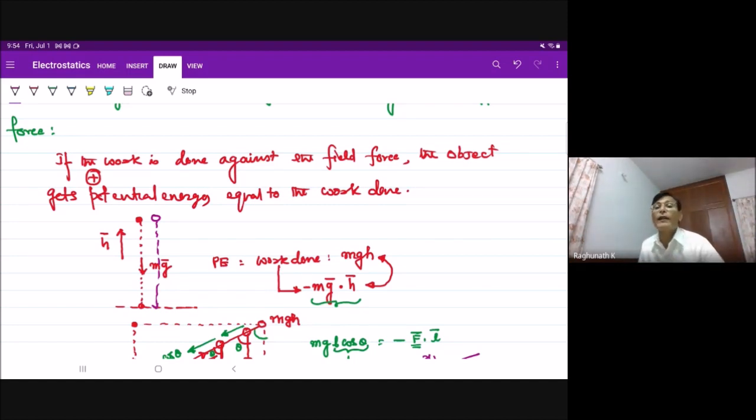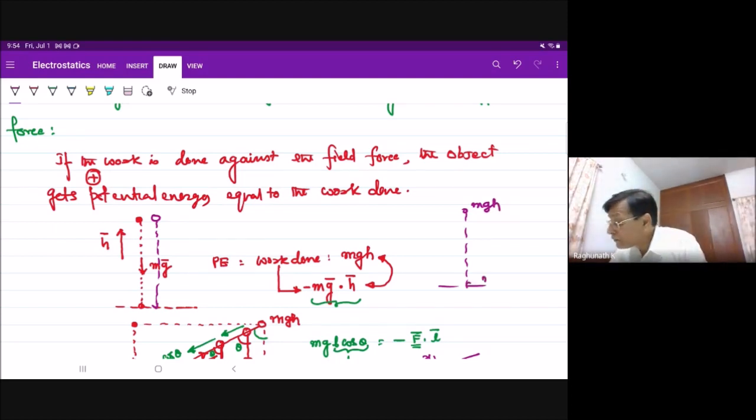That is how we normally calculate, using the principle of conservation of energy. One object of mass m is dropped from a height h. What will be its velocity by the time it reaches Earth's surface? How will I calculate? Initially it is mgh. Ultimately, entire mgh got converted into half mv squared, because potential energy became equal to 0.